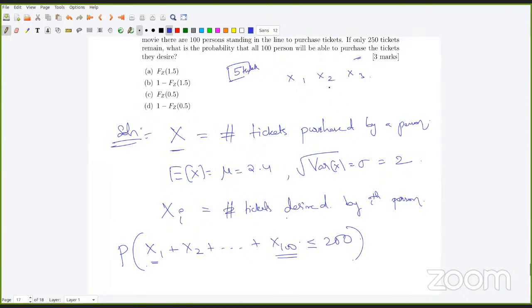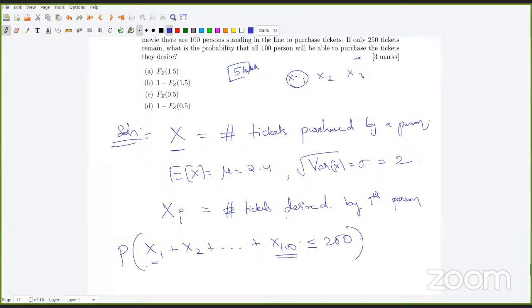If the first person desires some x1 tickets, we don't know, he has some desire. This represents the number of tickets desired by the first person. Can he desire 5 tickets? He can, because he is the first person. Can he desire 6 tickets? No, as there are only 5 tickets, he cannot desire 6.